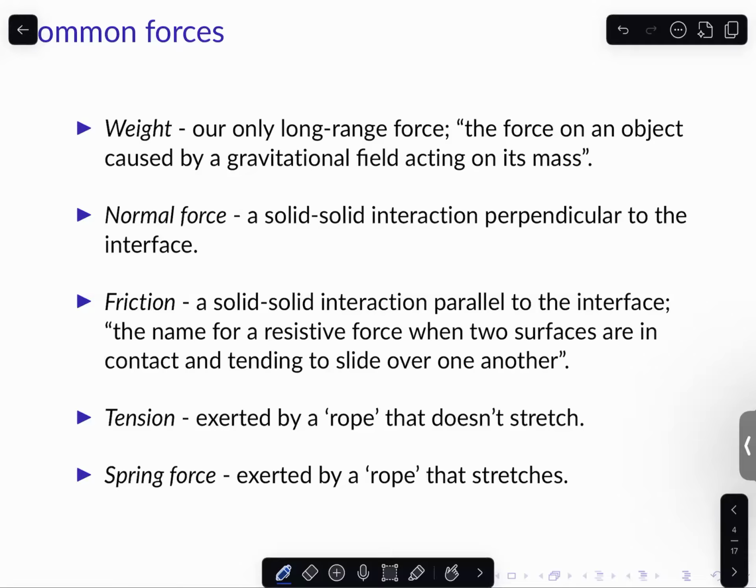Tension, spring force, or do they kind of work together? You wouldn't do both. You wouldn't count something as both. There is one interaction.